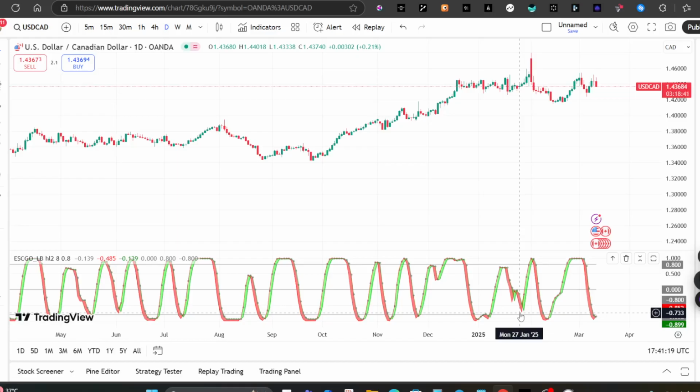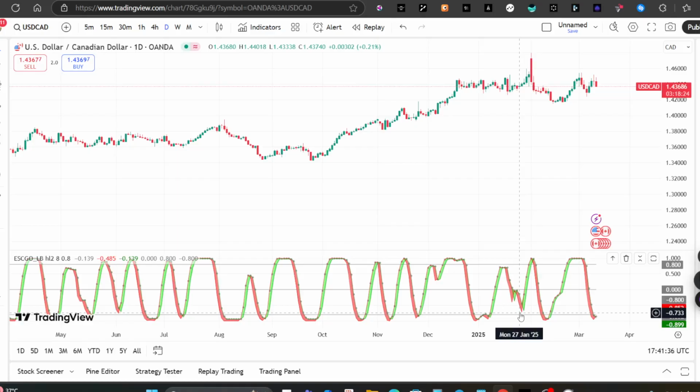Why does this matter? Well, cycle analysis helps identify recurring patterns in price movement, allowing traders to anticipate price action with greater accuracy.